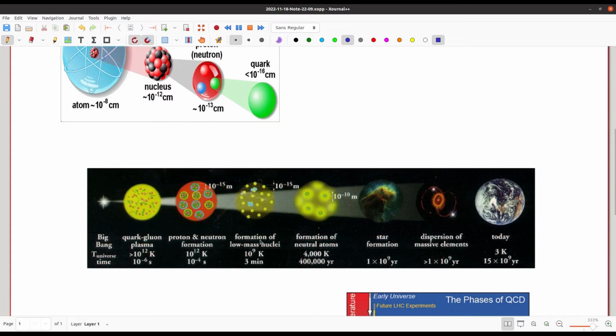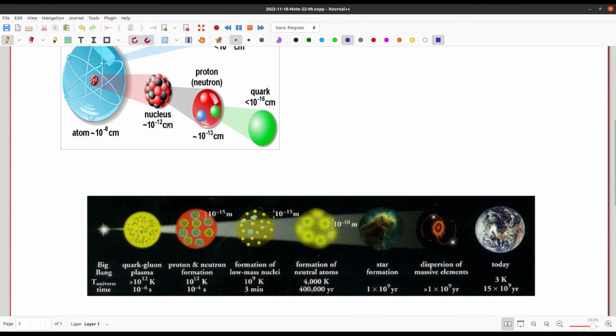After the nuclei, they form atoms, then neutral atoms as the temperature decreases, and then there is star formation, the dispersion of massive elements, and then we see today's life. So this is the theory.